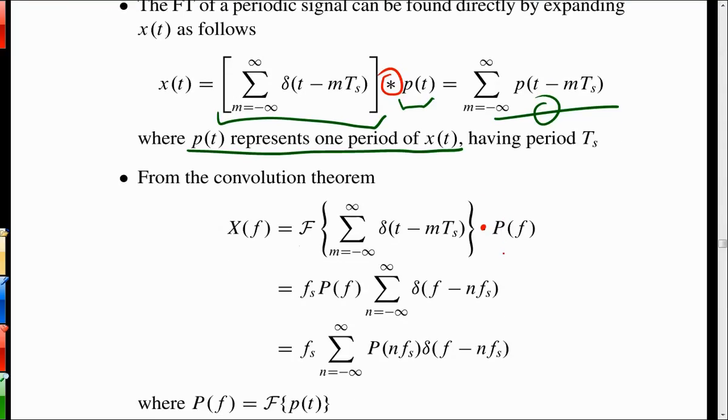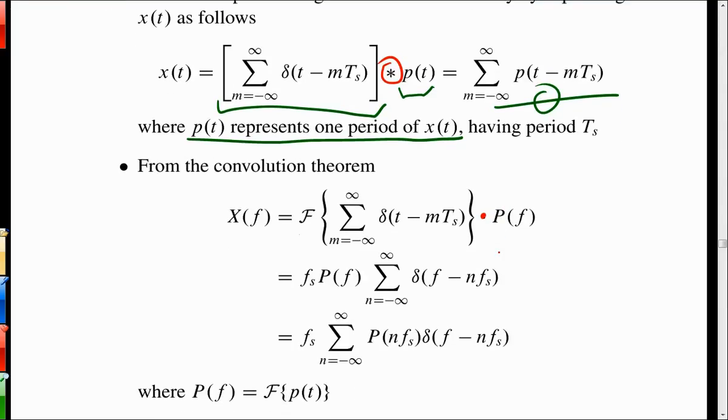So the spectrum of the impulse train is just another impulse train in frequency, and you're just multiplying that impulse train times P of f, and P of f might be, in the case of a sinc function, something like this.